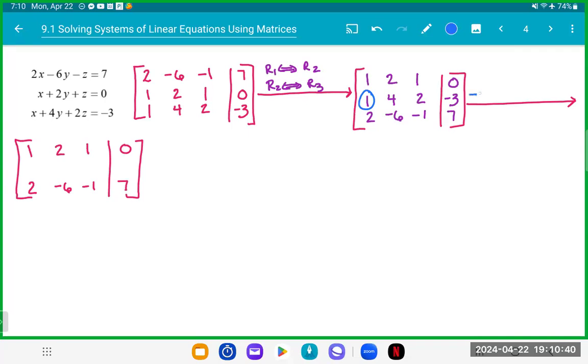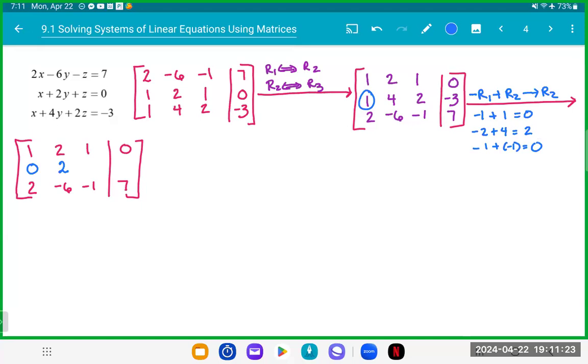If I do negative row 1 and add it to row 2 and then replace row 2, I would achieve that, right? Because I have negative row 1, which is -1 plus 1 equals 0. Then I have -2 plus 4 equals 2. And then I have -1 plus -1 equals 0.